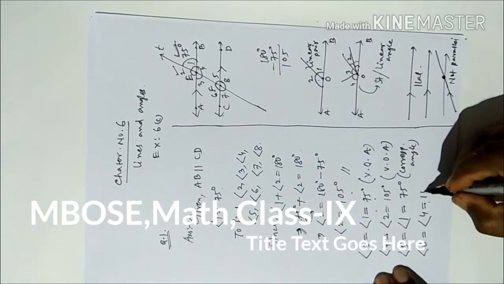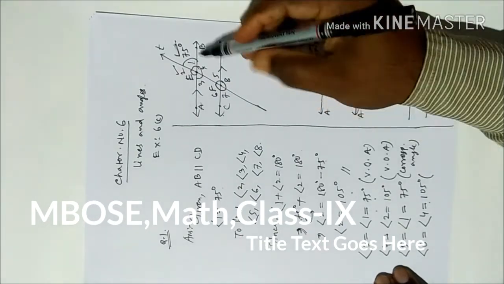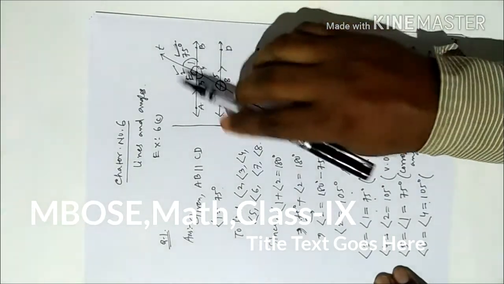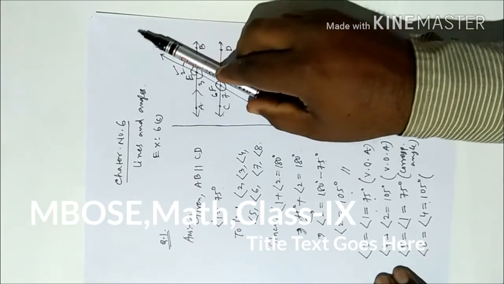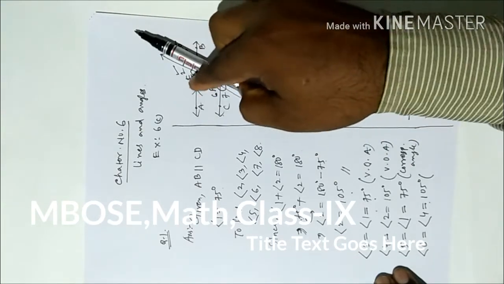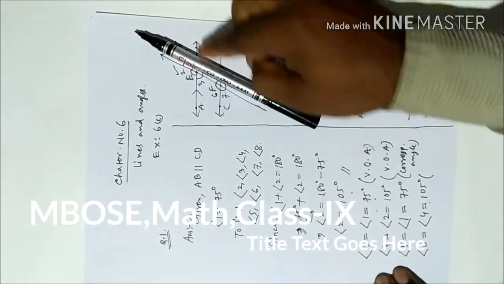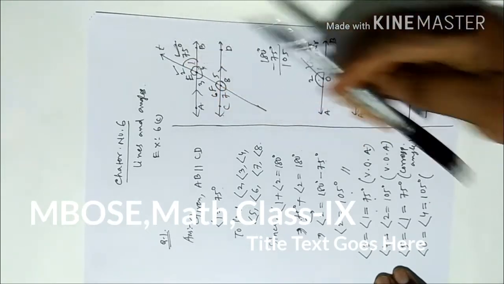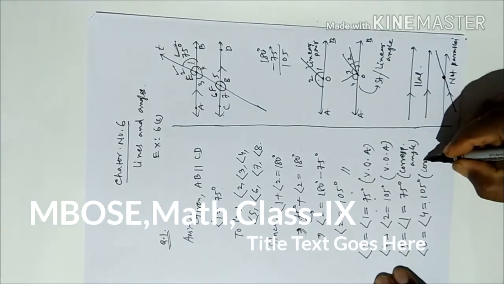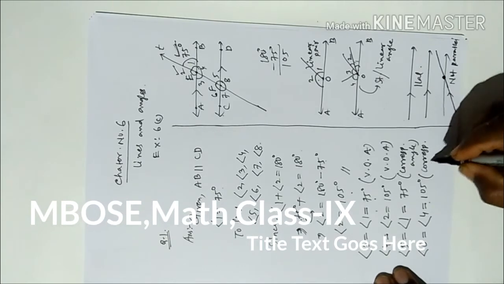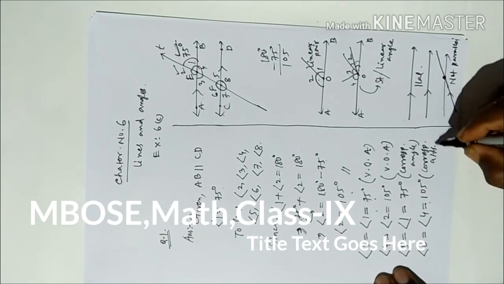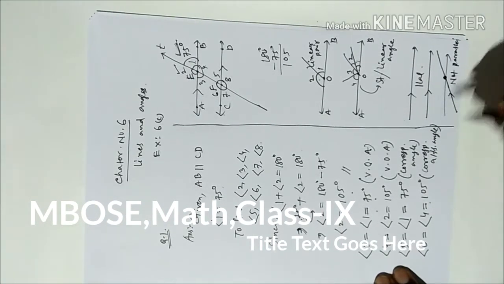How much did you get for 4? 105. Here you see different directions. If the same direction, it is corresponding, but in the opposite direction it is corresponding alternate, short form alternate angles.